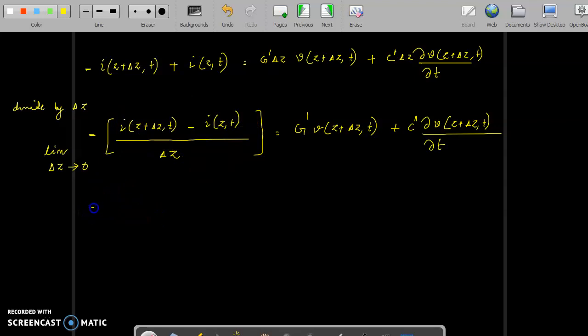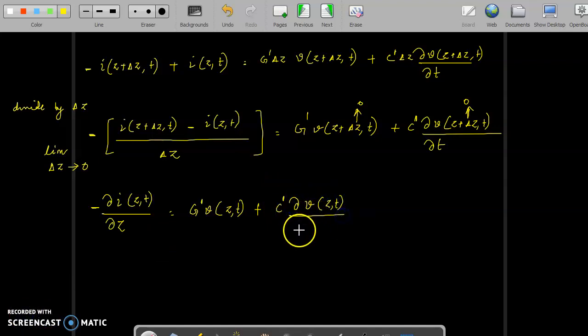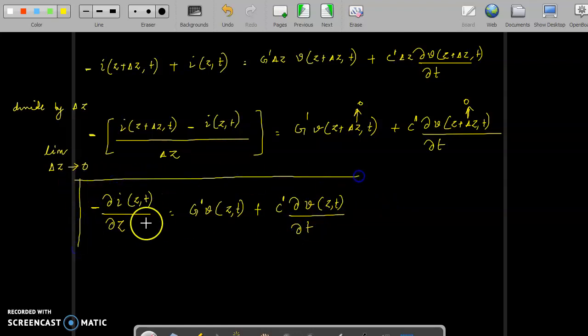This can be written as minus the partial derivative of I with respect to z, which is equal to, putting Δz equal to 0 here, the conductance term plus the capacitor term. So this is the current equation of the transmission line.